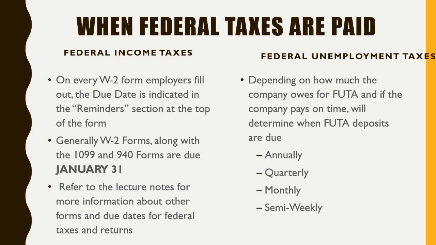This is all going to be clearly written in your IRS form. It will give you a description of exactly when it's due, how much is due, and how much you have to actually pay. So again, all those legal documents can be found at irs.gov.